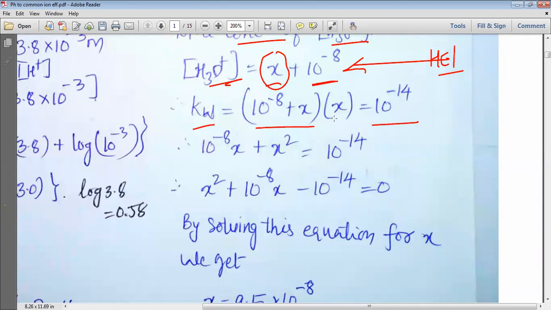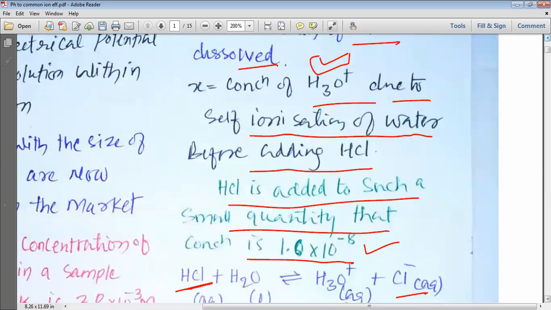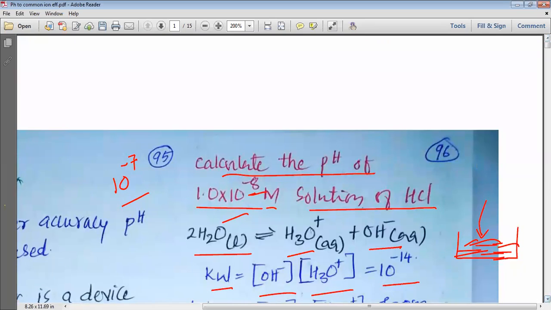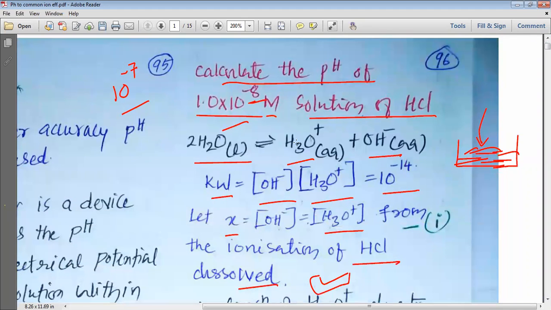Now why do we do it? This is the concentration of H3O plus and X is the concentration of OH minus, because in water the concentrations of H3O plus and OH minus should be equal. Here you can see that when water dissociates, it gives H3O plus and OH minus. And suppose the concentration initially was C for water.